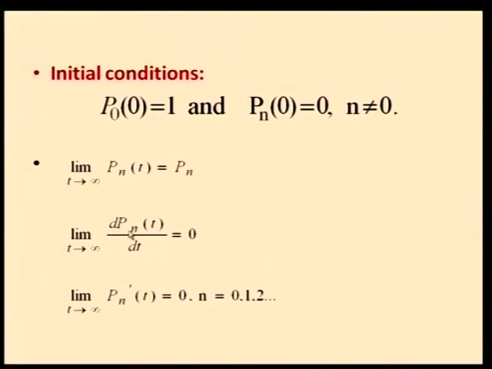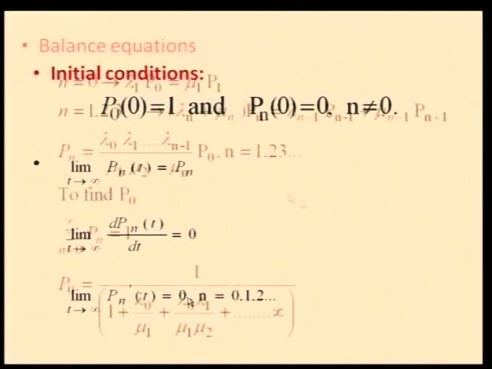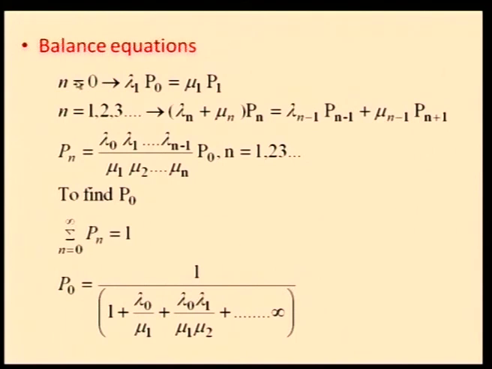So, we consider dp n t by dt to be equal to 0. Since p n's are constants, we have the derivative of that to be 0. In other words, notation wise, we have limit t tending to infinity p n dash t is 0. This is true whether n equal to 0 or 1 or 2 and so on. So, now we are into these equations, the so called balance equations.